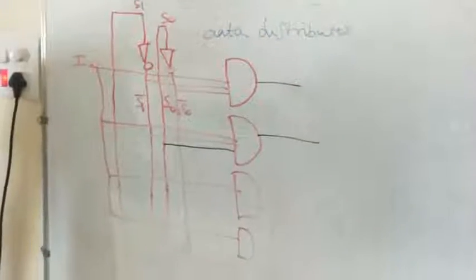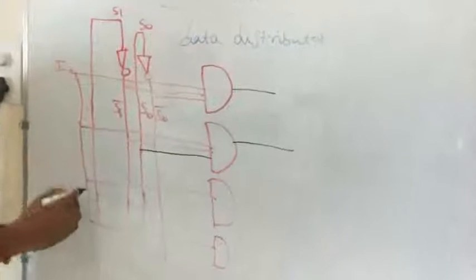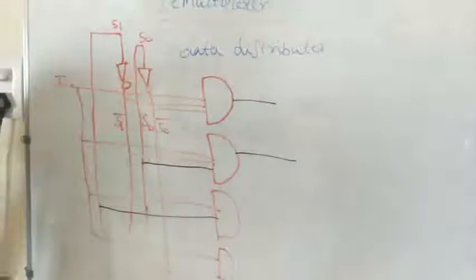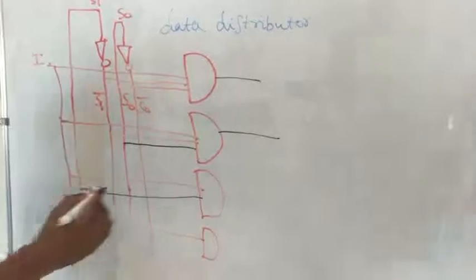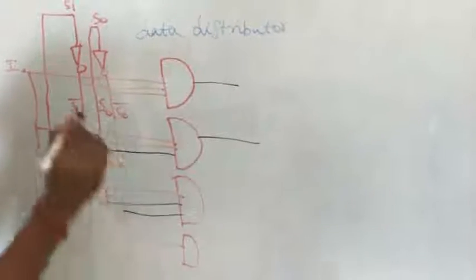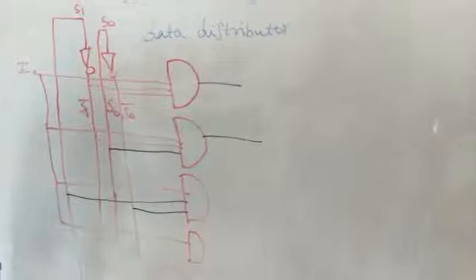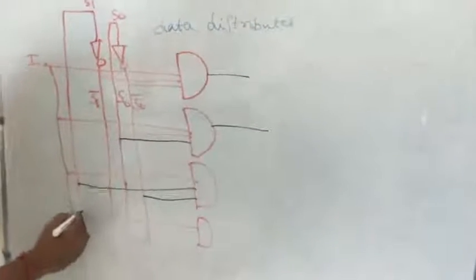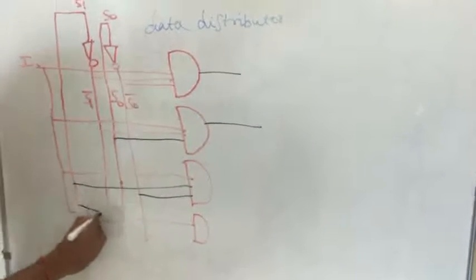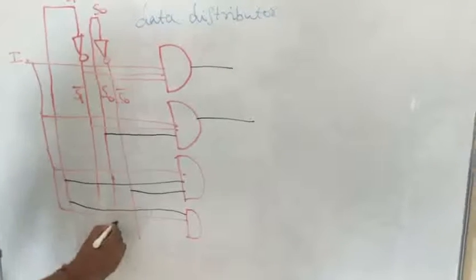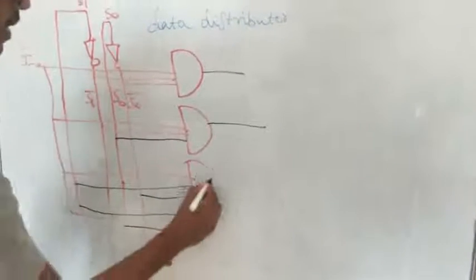Then 1 0. 1 0 means we have to take S1 directly, and then S0 should be taken from the inverter, that is the NOT gate. Finally, 1 1. 1 1 means we have to take S1 directly as well as S0 directly.